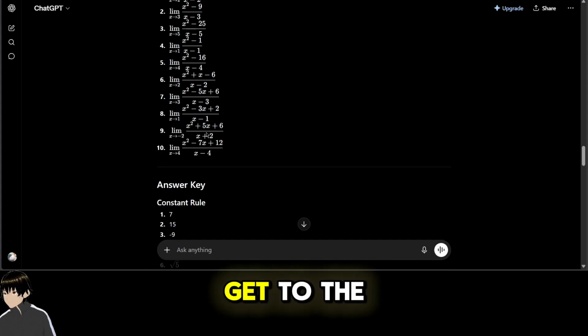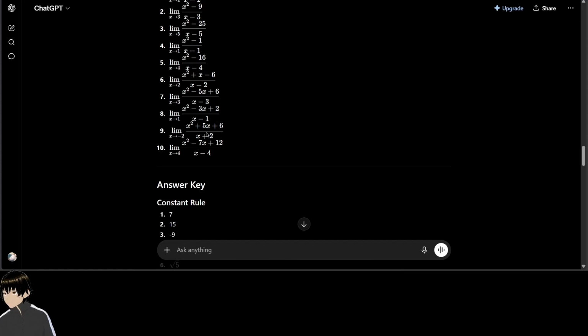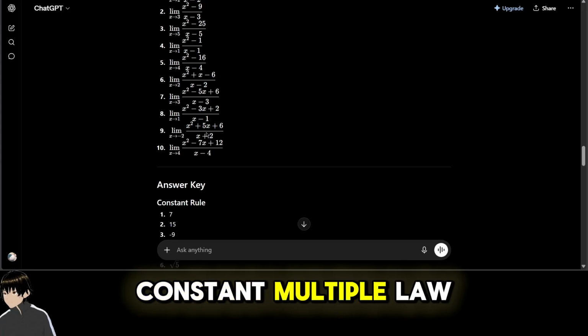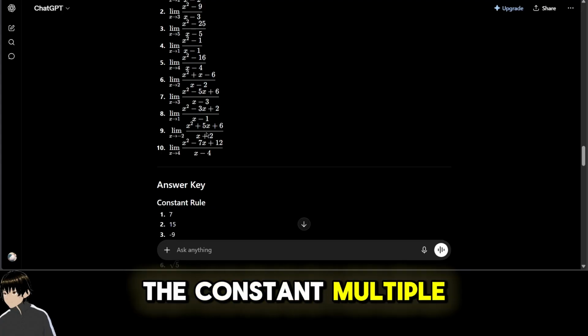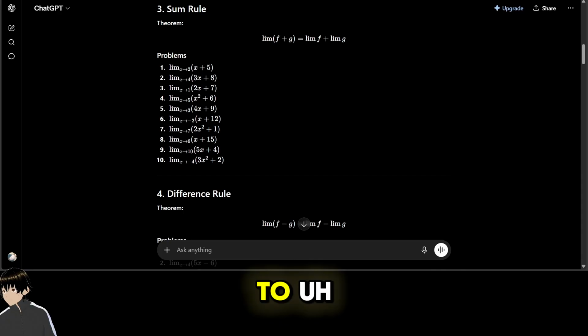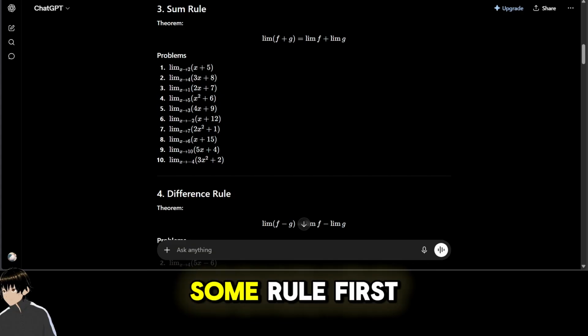Now we get to the good stuff, the constant multiple law. What is the constant multiple law? Let's go to the sum rule, actually. Let's go into the sum rule first.